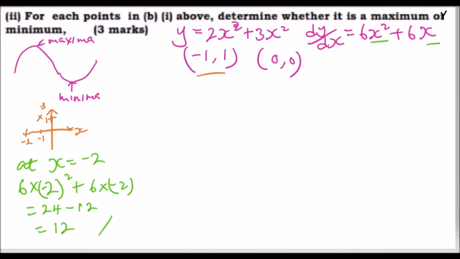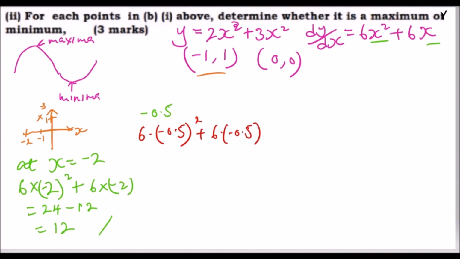Then we take one point, and because the other turning point is at 0, 0, we can take maybe minus 0.5. So we substitute in our gradient, and when you do that, this is 6 multiplied by 0.5, we can use a dot to make it simpler, that dot implies multiplication, and that is squared, and you add 6 multiplied by minus 0.5.